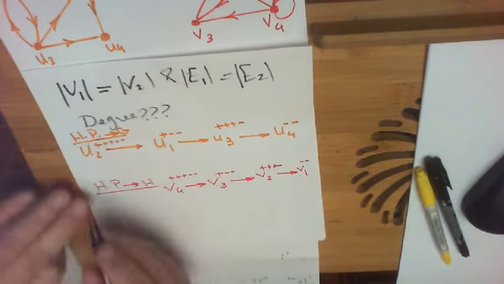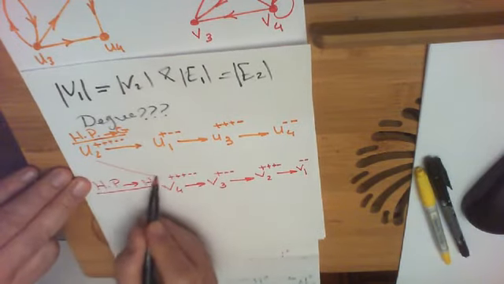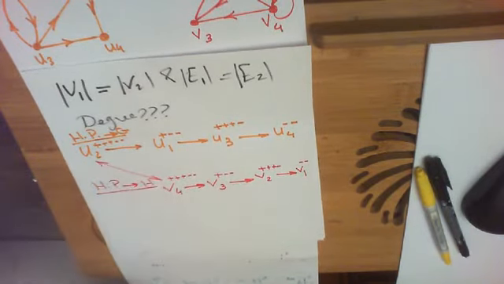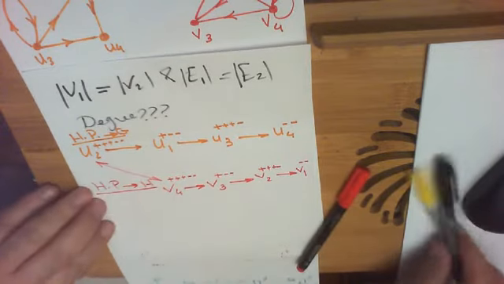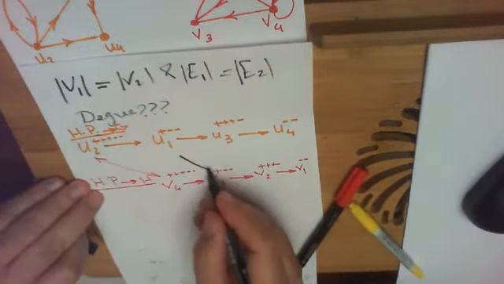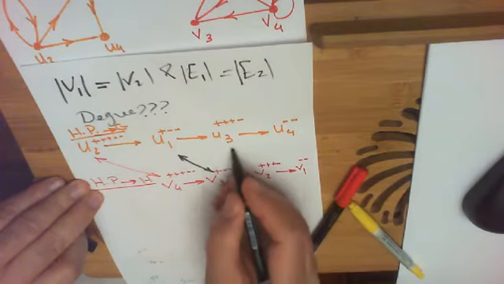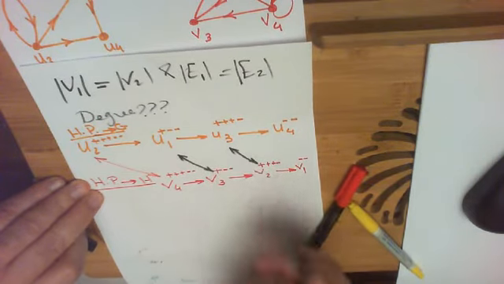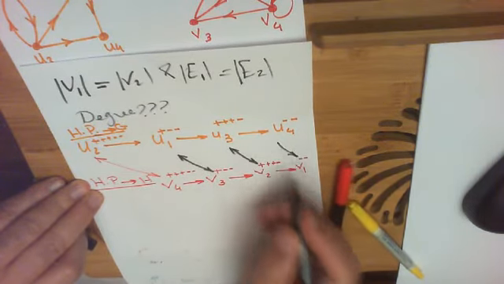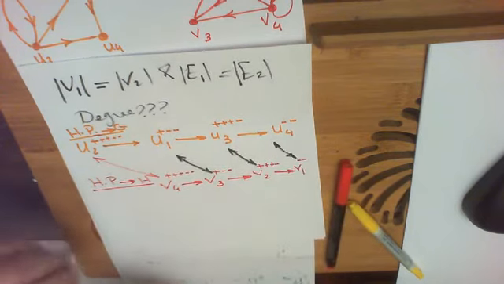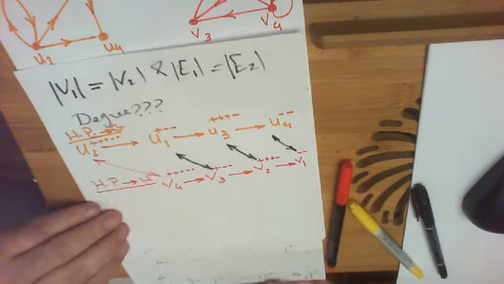So we have U2 corresponding to V4, U1 corresponding to V3, U3 corresponding to V2, and U4 corresponding to V1. You can check with the previous lecture.